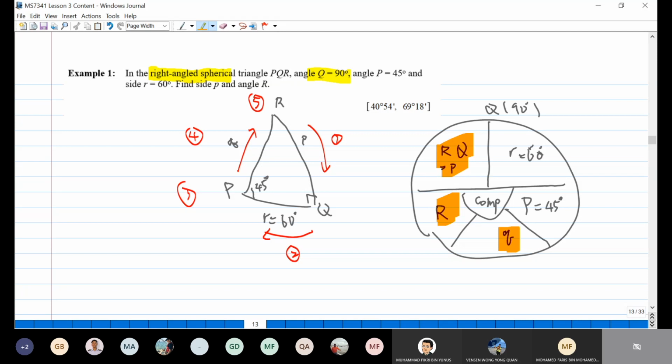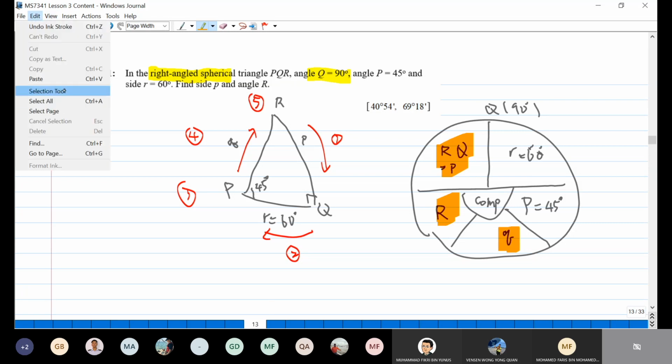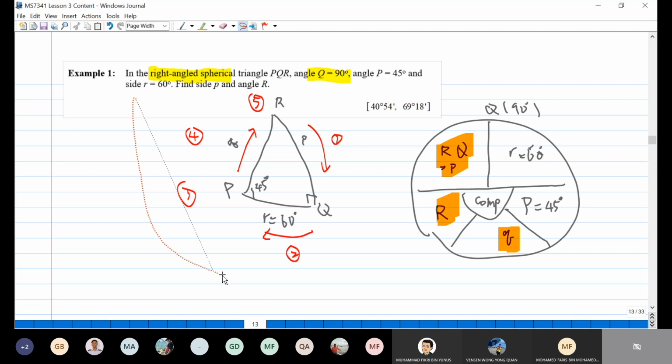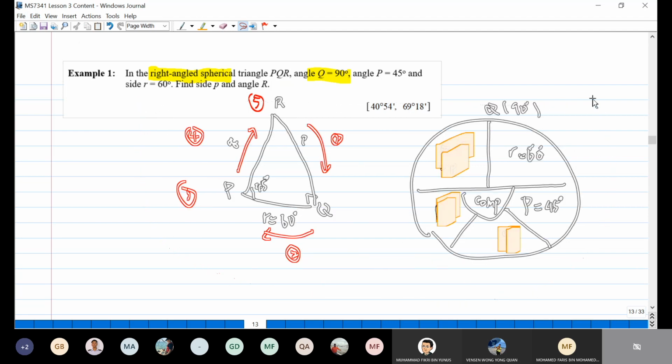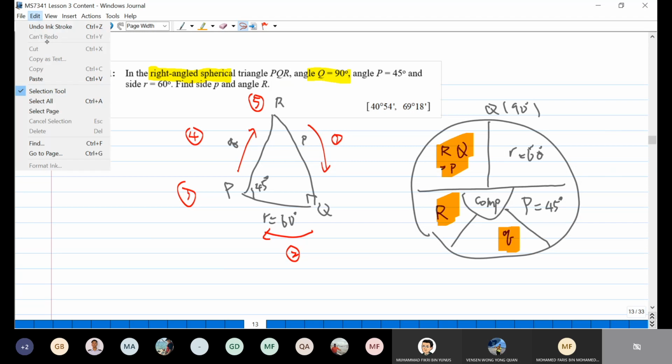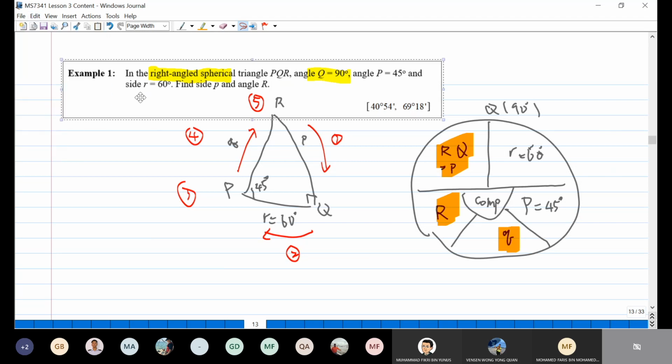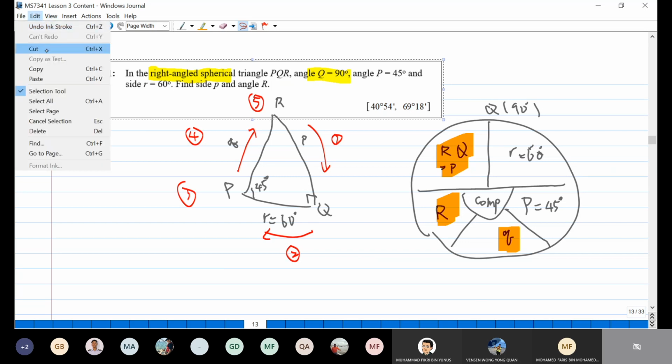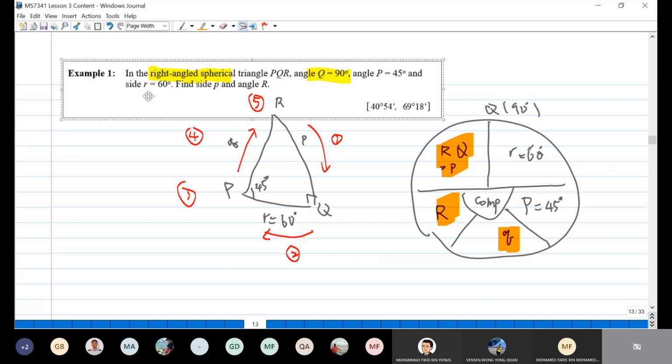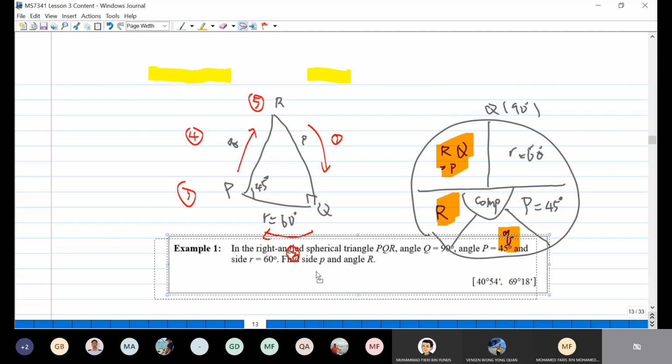Okay, angle R. Let's try. I just pull it to the next one. Edit, selection tool. I want to get angle R now.